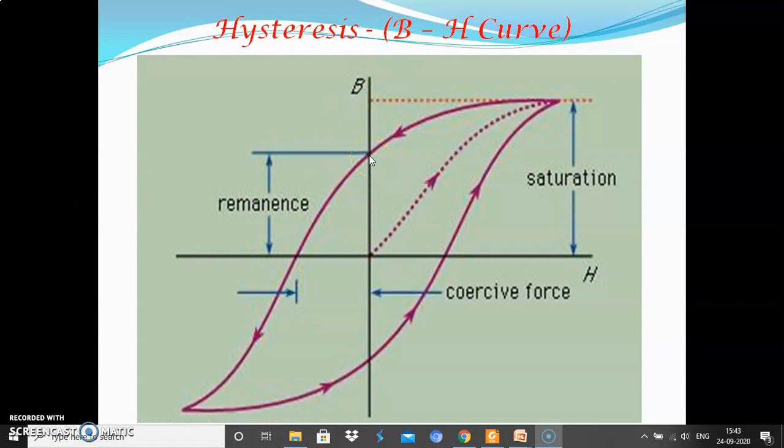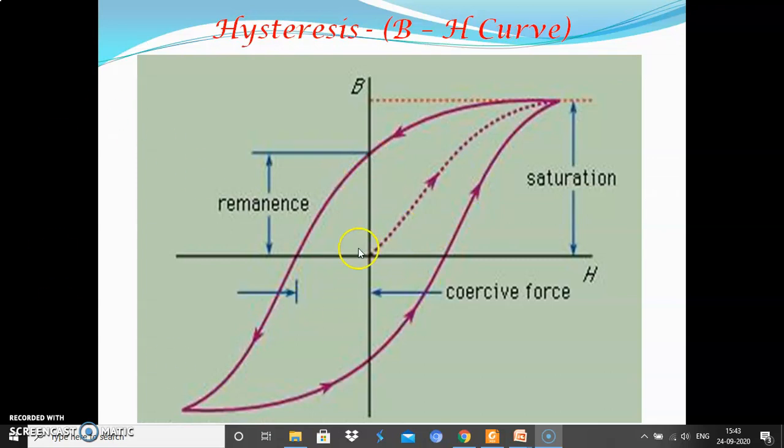Here B must not be 0. When H is 0, B is not 0. So this remaining magnetization is called retentivity. When the applied magnetic field is 0, the magnetization remaining in the material is called retentivity.